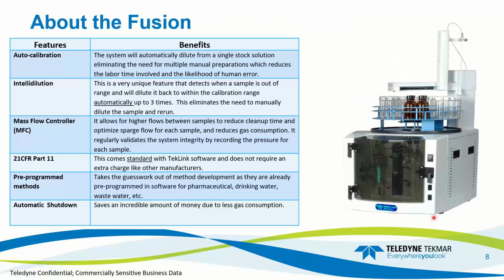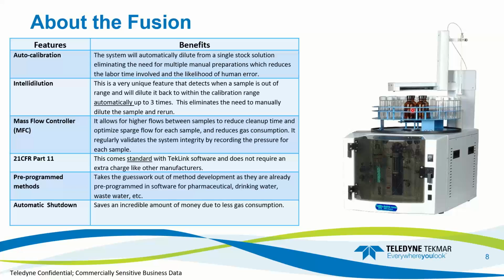So a little bit about the Fusion. There's a couple of different cool features that we have on this system. We have auto calibration. So basically, if we look at the system, within our sample rack, we have 4 75 ml vial positions or 1 25 ml vial positions.